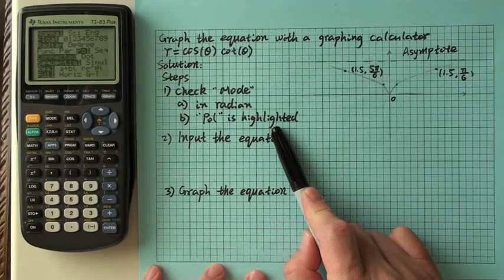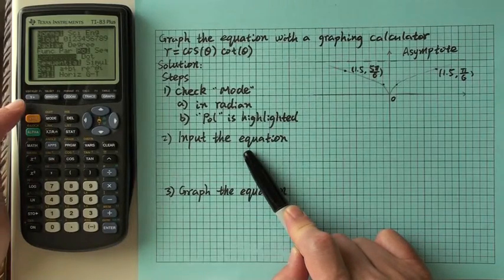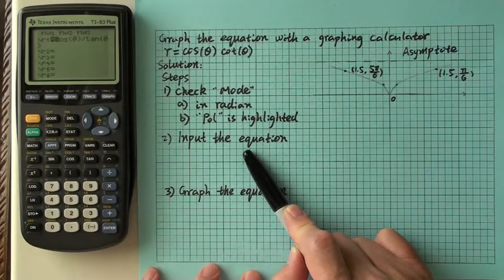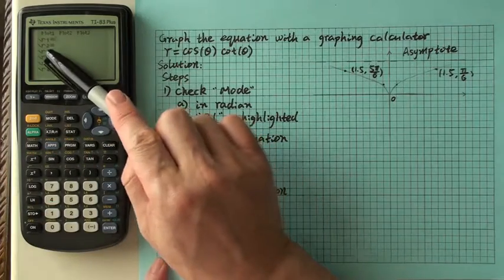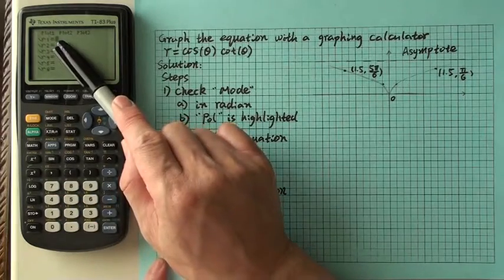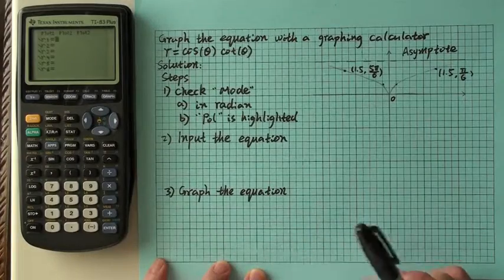Now you go back to input the equation. You hit y equals this time. You see you already have the r1. r1 means the first equation. Actually, you can put any polar equations right here.